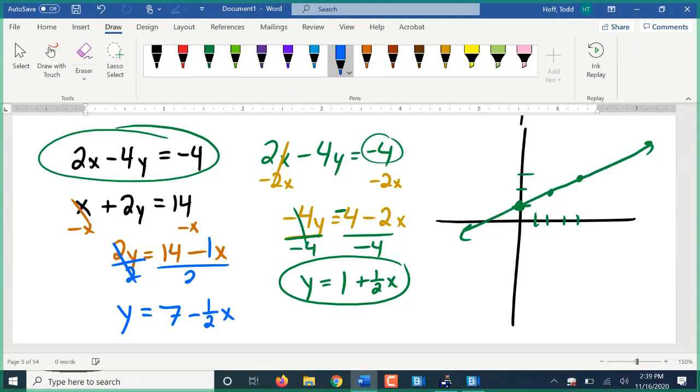So here we're going to start out at 7. 1, 2, 3, 4, 5, 6, 7. Up here is 7. And from there we go down 1, run 2. We'll do it again. Down 1, run 2. I'll keep going. Down 1, run 2.